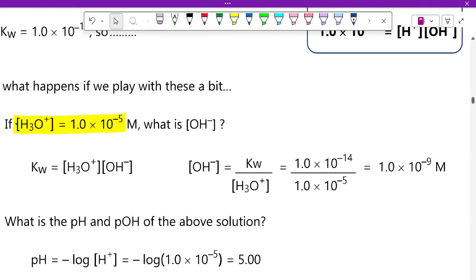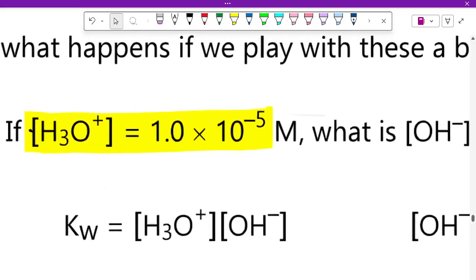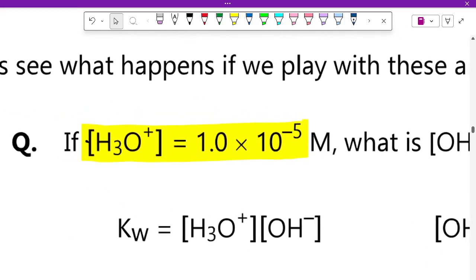What are the pH and pOH? Can you do that in your head? If we have this hydrogen ion concentration, what is the pH? 5.00.